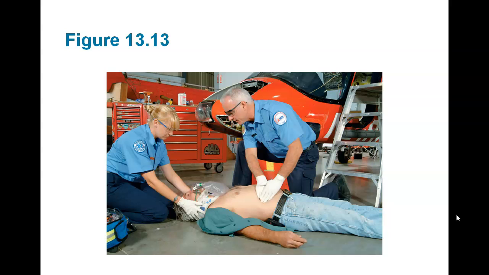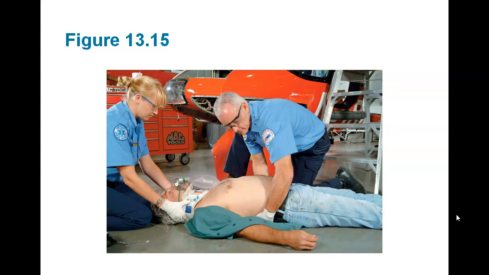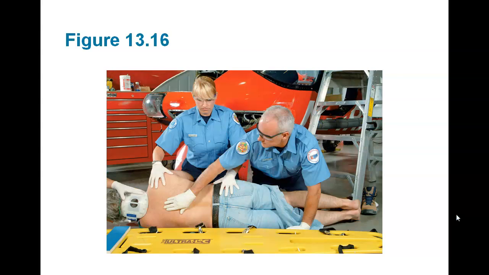Okay, so this is showing the EMR palpating the 4 quadrants for pain and deformity. This is showing how to palpate the pelvis. This is palpating the lower back for any pain or deformity. Now, when appropriate, you can do a log roll of the patient to inspect the entire back.